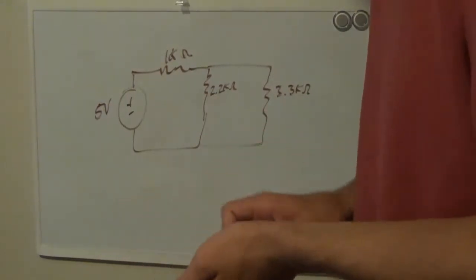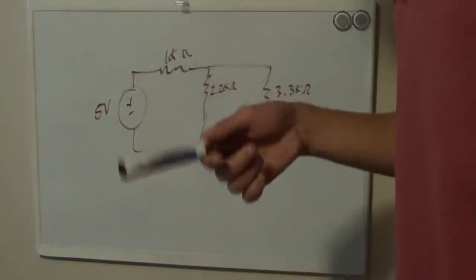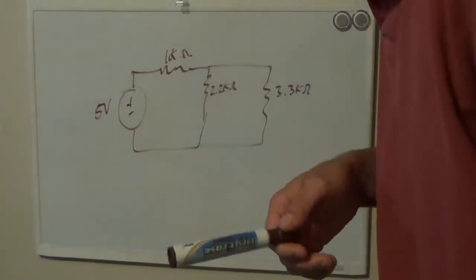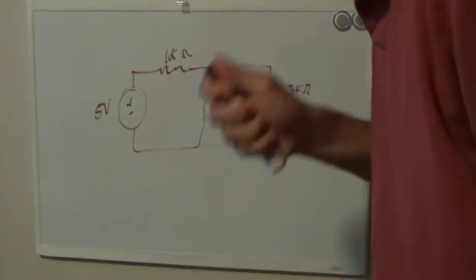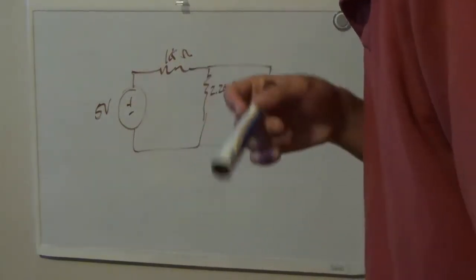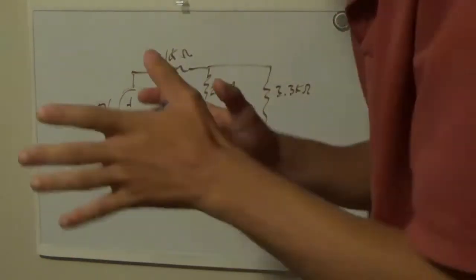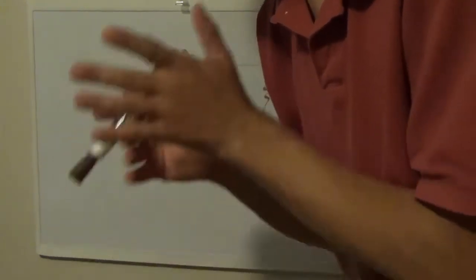And the reason being is because, I don't know if I covered this in previous videos, but current, although we say it's measured in amps, we typically don't run into measurements in the ampere region for small scale circuits. Now, don't get me wrong, don't try to use my words against me.